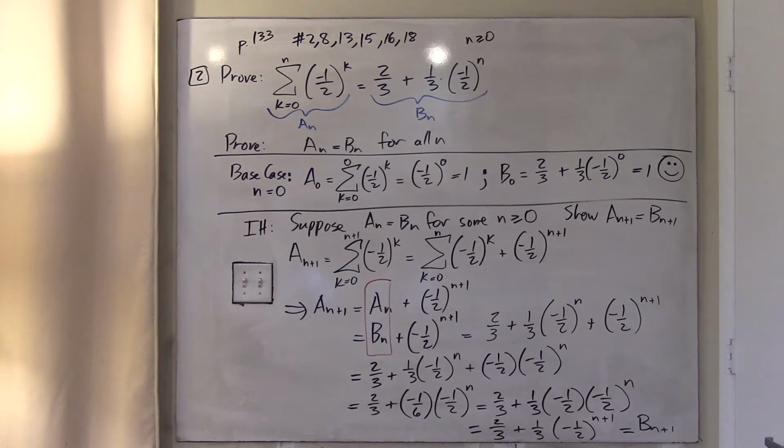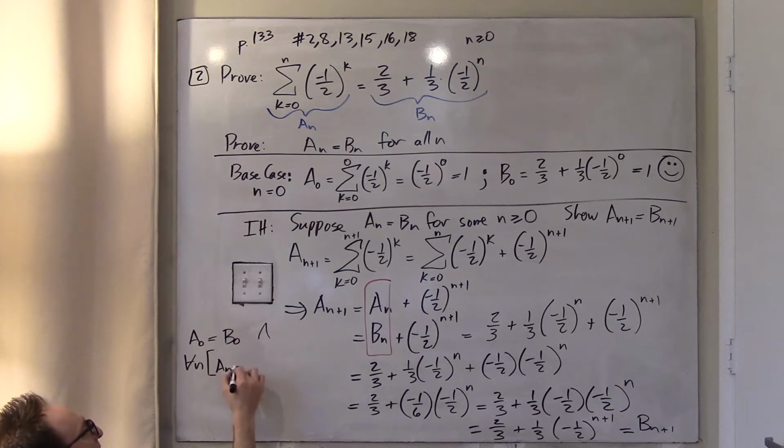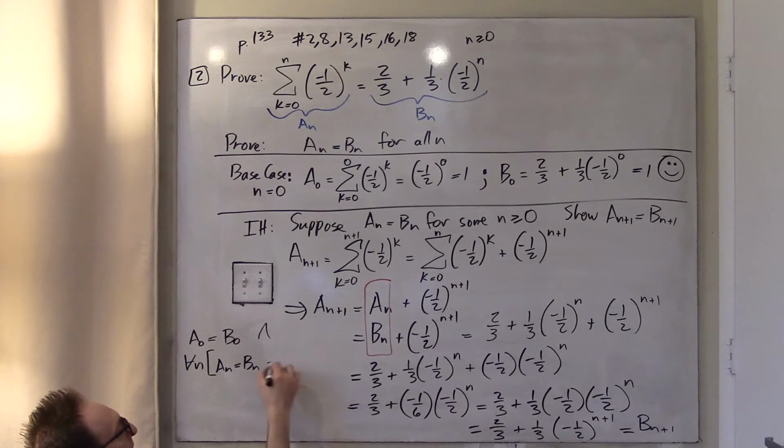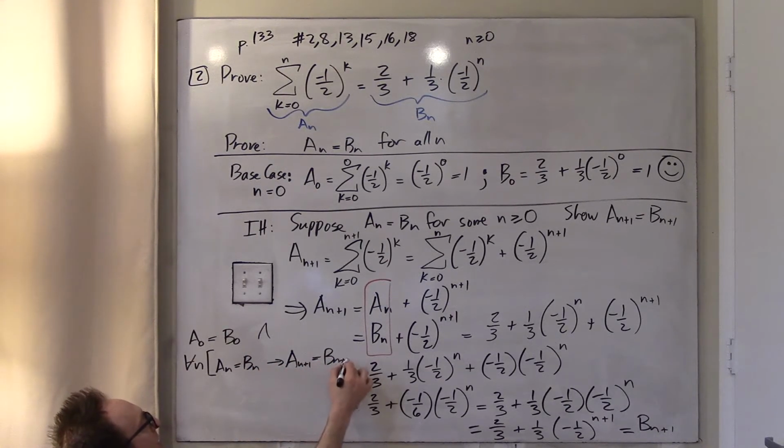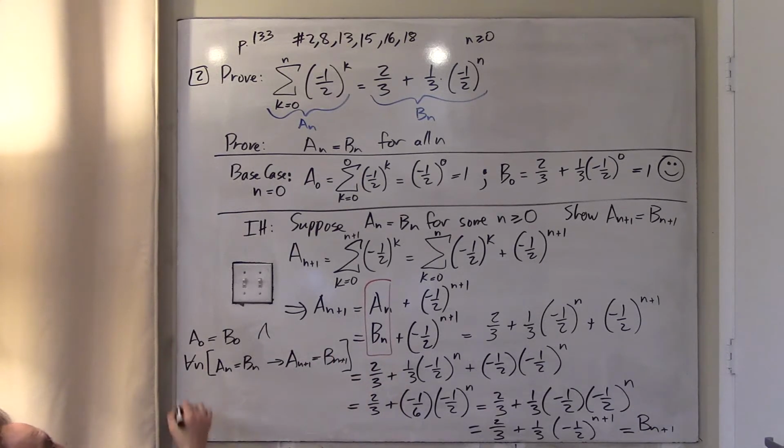And so, if you want to be super awesome now, you say something like a sub 0 equals b sub 0. That's the base case. And what did we show? We showed for any n whatsoever that on the assumption that the formula held for n, then it holds for n plus 1. That's the inductive step.